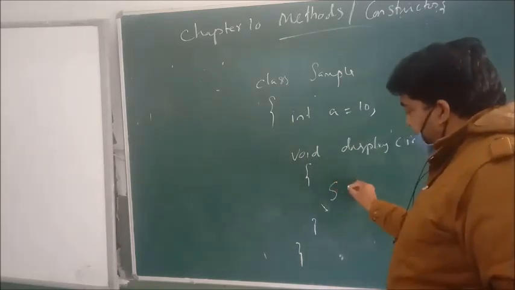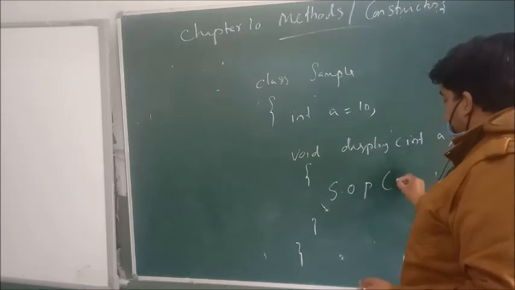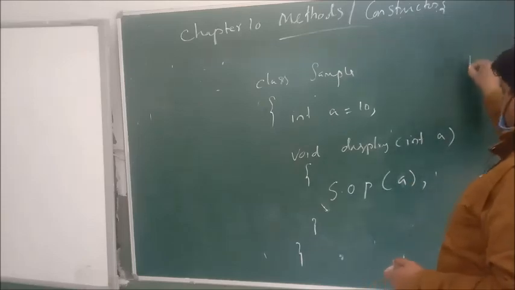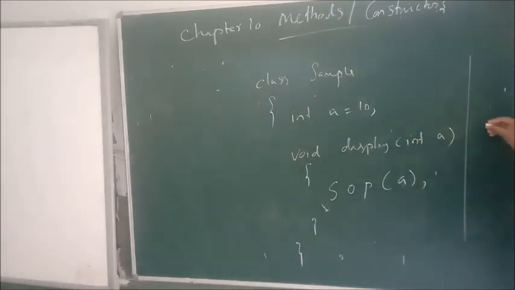Then I am going to print System.out.print(a). Suppose when you call this method, you call display of 10. I have now created the main method. So when you call from the main method, suppose you are calling display of 5. What happens? Here a is equal to 5. Here of course it is going to print 5.